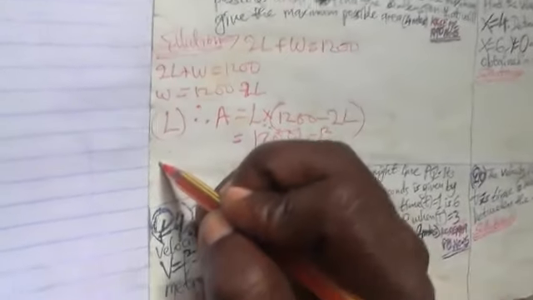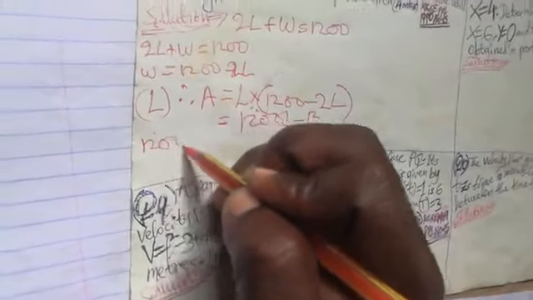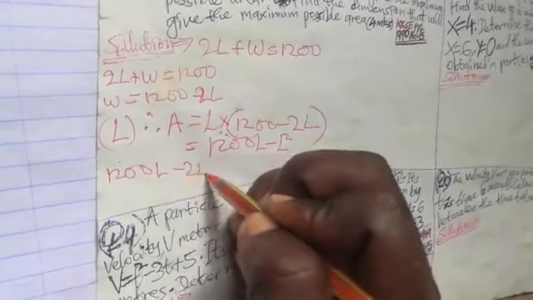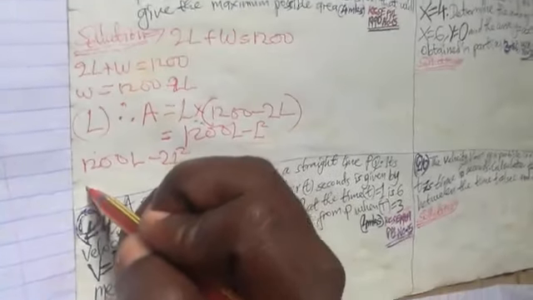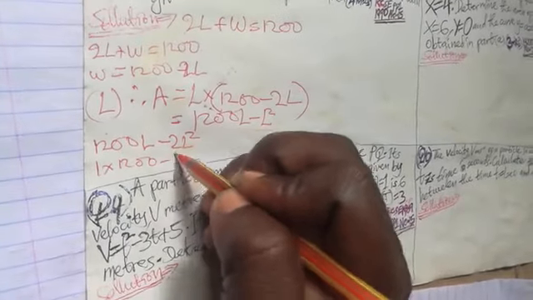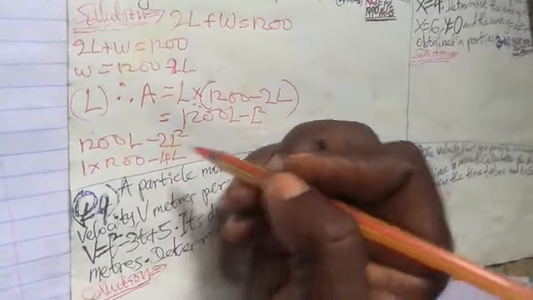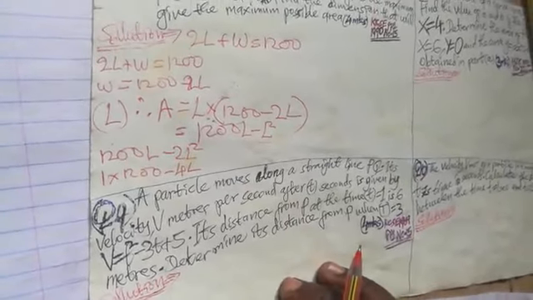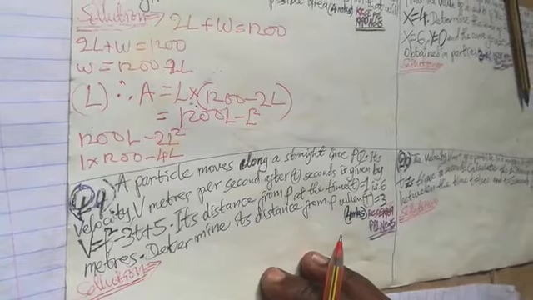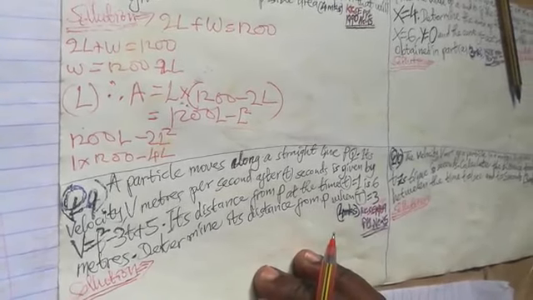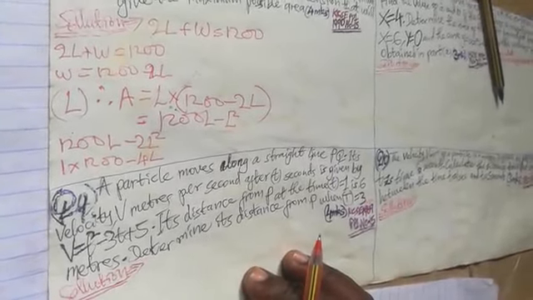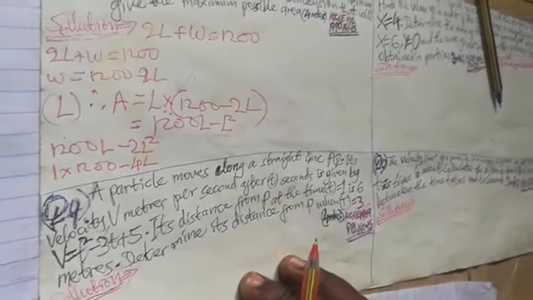By differentiating this expression, we get 1200 minus 4L. To find the value of L that maximizes the area, we take the derivative of the area equation with respect to L and set it equal to 0.